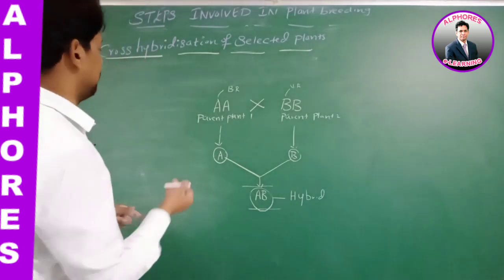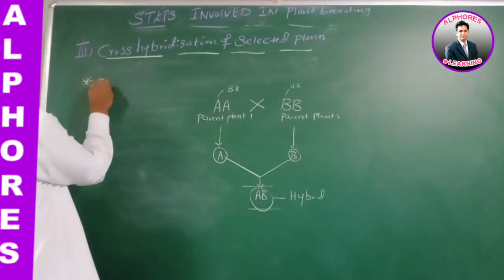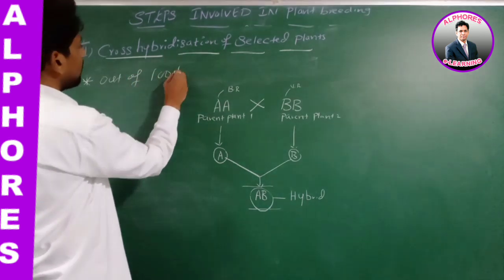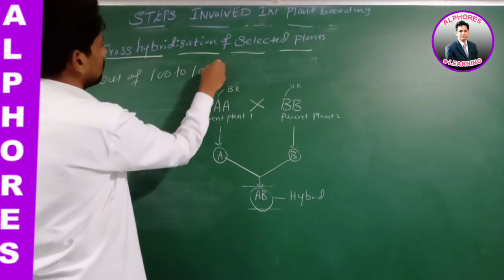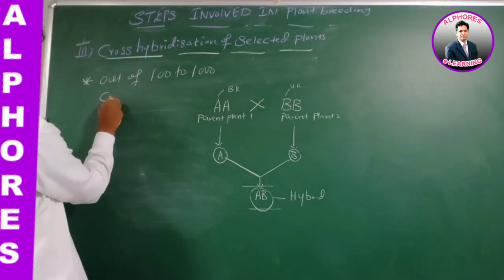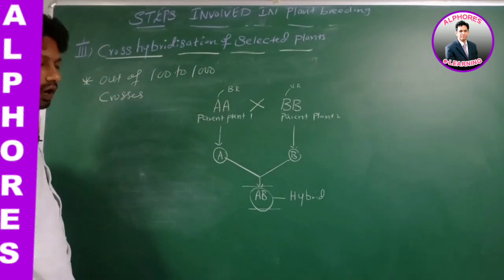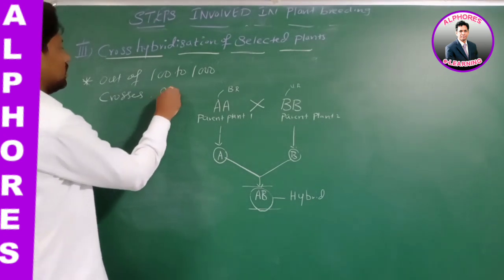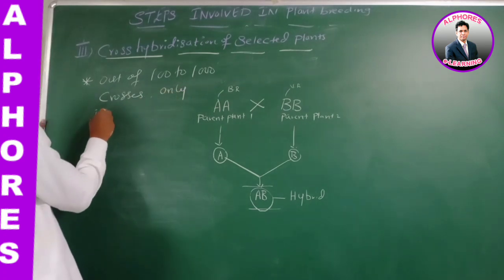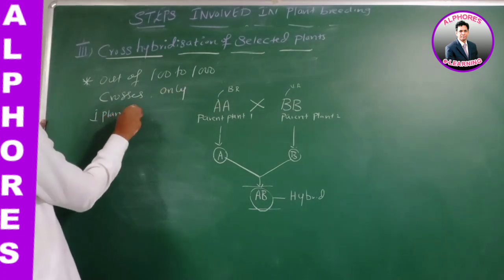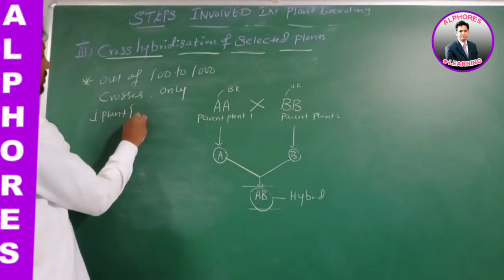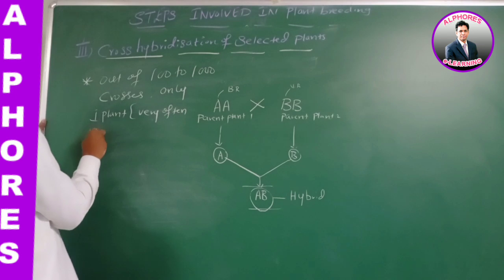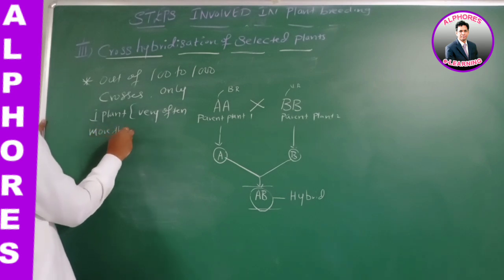Now listen to this statement. Out of 100 to 1000 crosses, only one plant, very often more than one plant, is obtained.